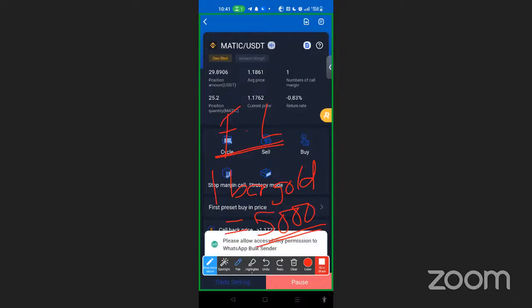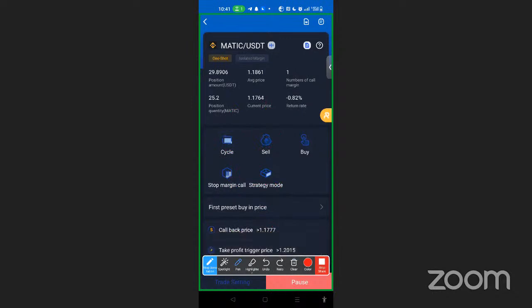Peter still has 1 bar of gold. Ladies and gentlemen, you will never lose your quantity. The quantity will always remain the same, but the value of this quantity will always go down. And when the value goes down, you'll be into what we call floating loss.